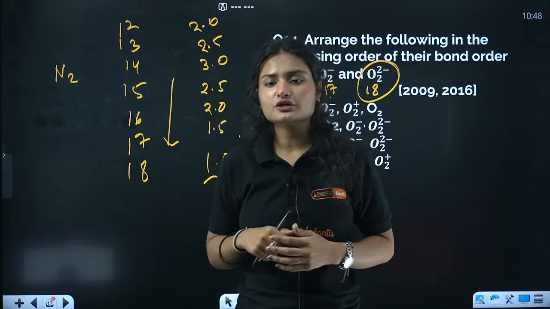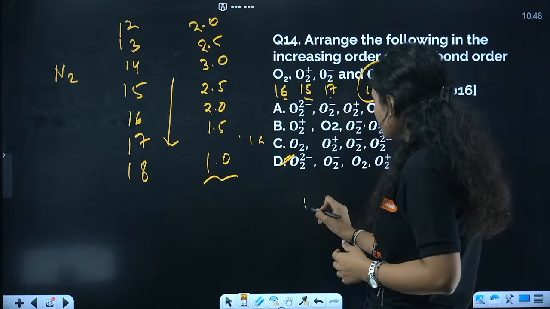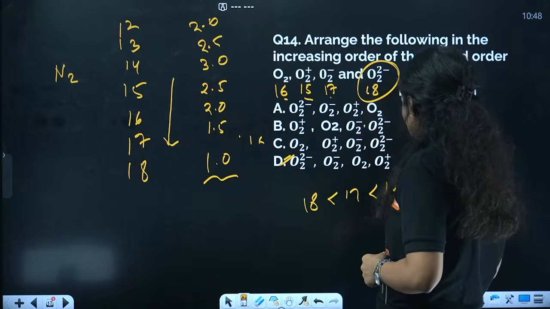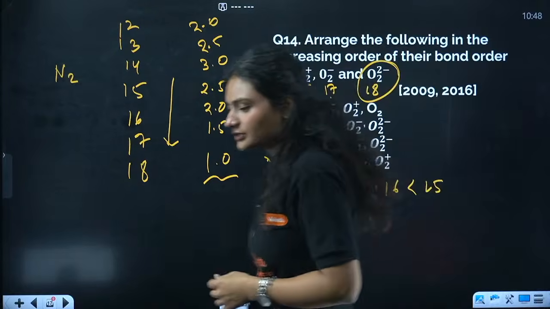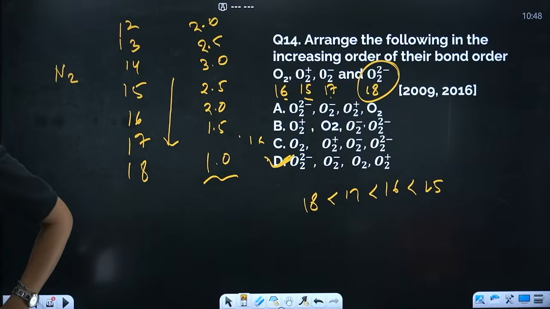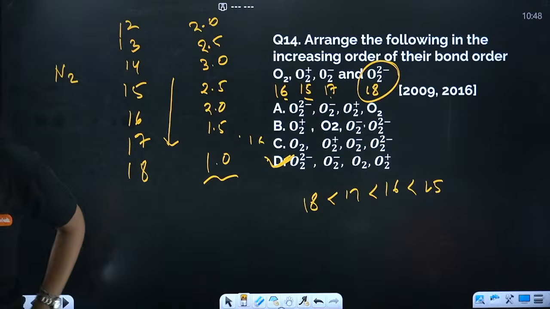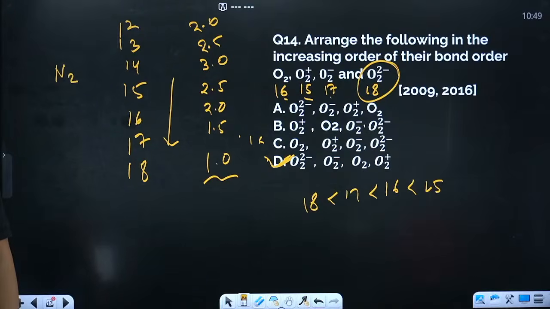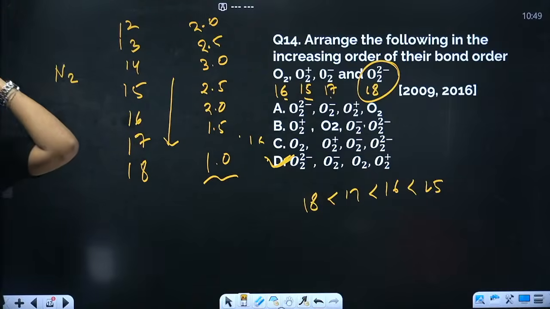Least will be for 18 electrons, then 17, then 16, and then 15. So the sequence is this one. I hope it is clear now. So this is the standard we used.